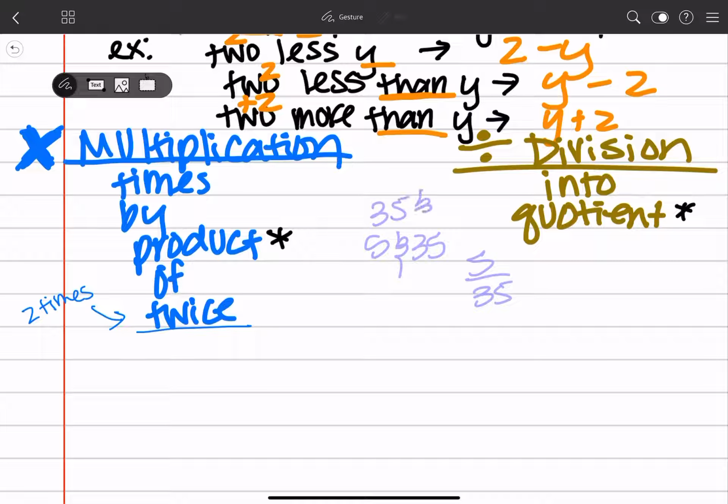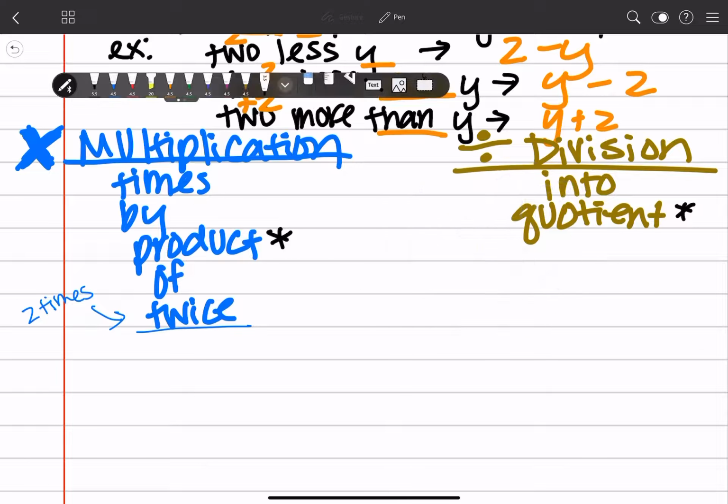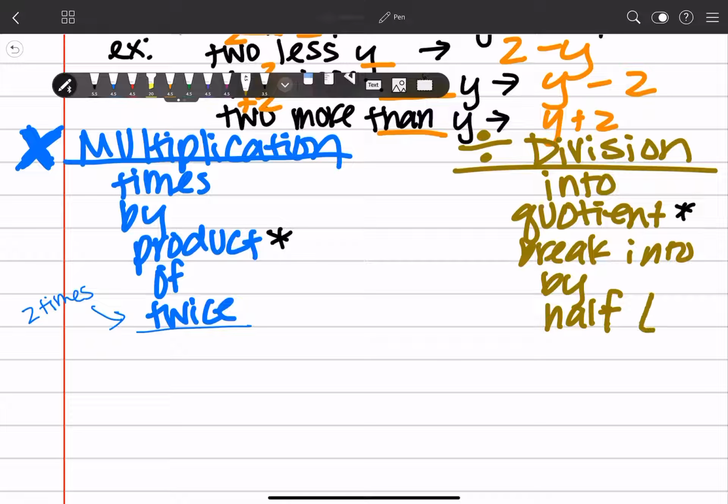So again, 35 divided by 5 is going to give us that 7, while this is just going to give us a fraction, which I know all of you love so much. Okay, so break into. So I'm breaking it into 3 pieces. I'm dividing it into 3 pieces. By and half. So honestly, when you're halving something, you're just dividing it into how many pieces? 2.